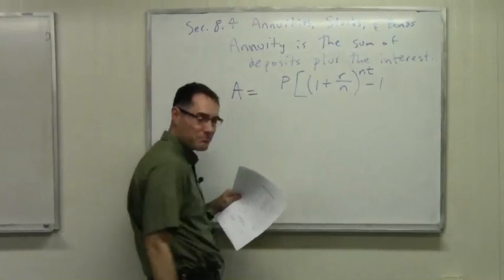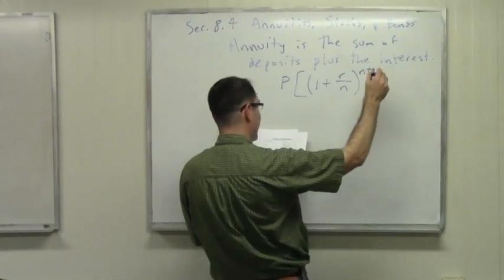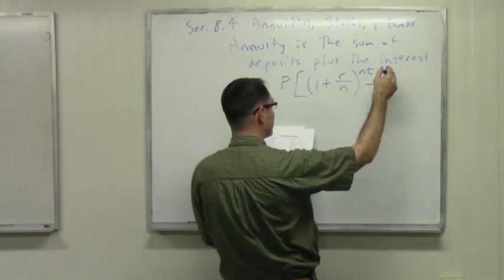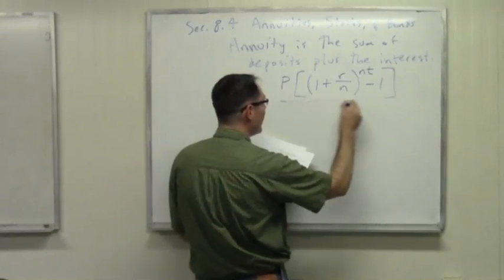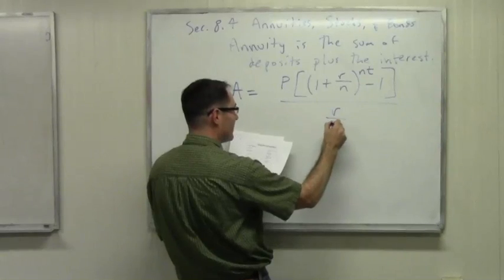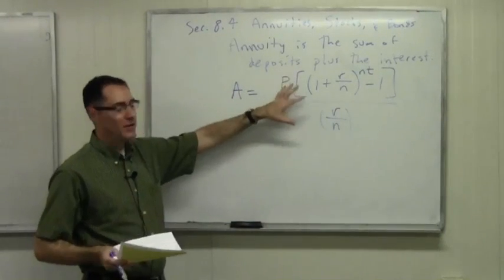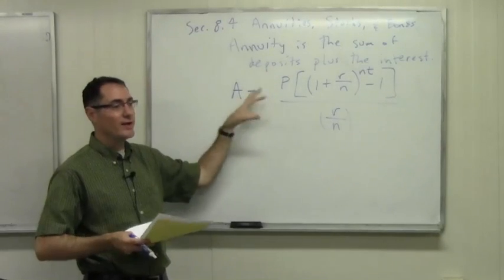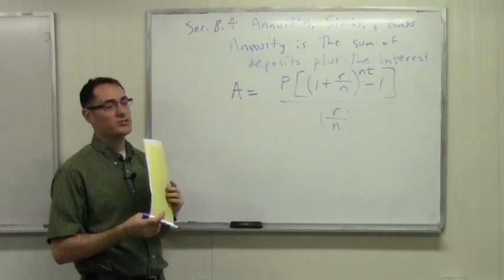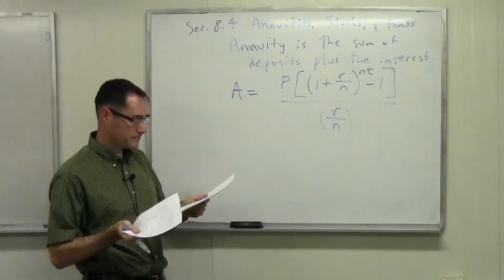Minus 1, we've seen that before, that one was the annual effective yield. Divided by the rate divided by the number of times per year. I know this looks like a big thing, and it is. This is another one where you do it in parts. Don't try to do it all at once in your calculator unless you practice a lot.